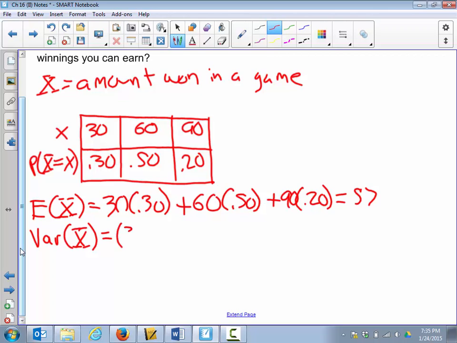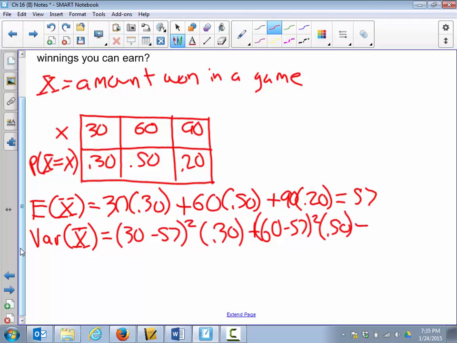I'm not going to write the variance and expected value formulas because I've already done that once in these notes. So this is 30 minus 57, which we just calculated, squared, times your 0.30, the probability that you'd have a payout of $30, plus 60 minus 57 squared times 0.50 plus, finally, 90 minus 57 squared times 0.20.